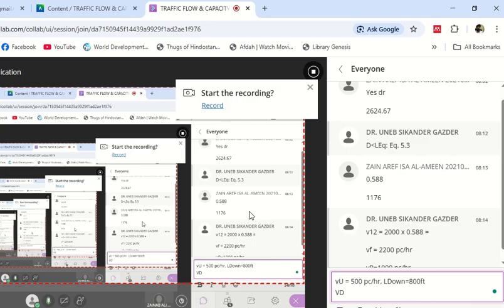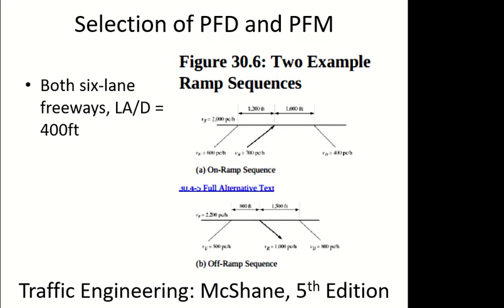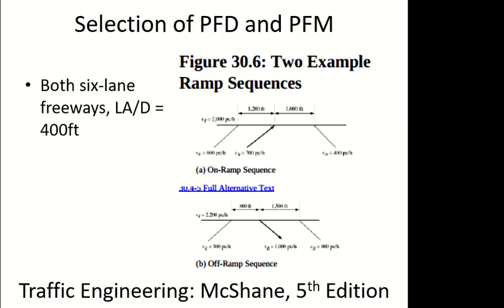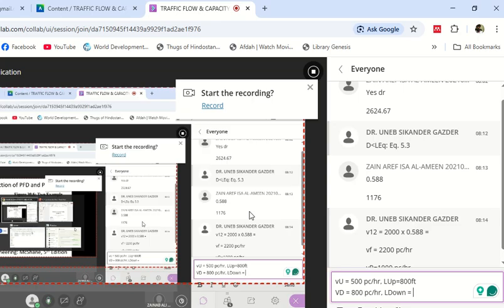For the downstream, sorry, should be up. It is 800. And the distance is 1500.